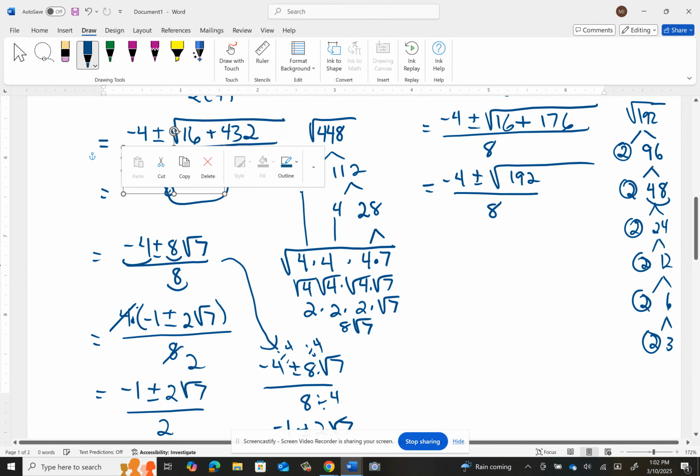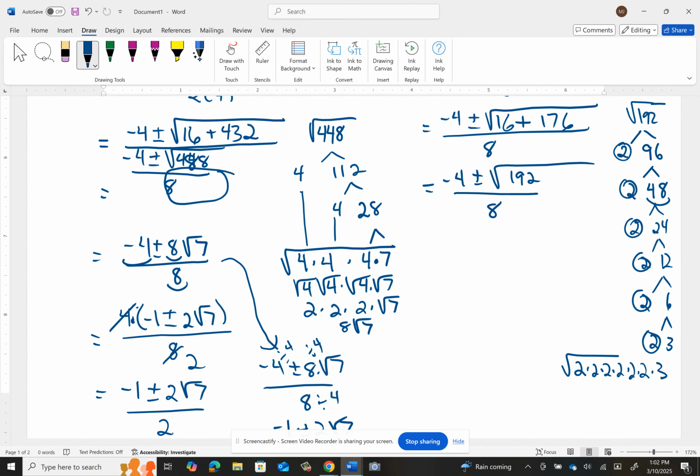Okay, so it's 6 2's and a 3, and we're trying to do the square root of that. So every 2 of them is going to be a perfect square, and when you do the square root of each of those, you're going to get a 2, and then the 3 would be trapped still underneath. So we get 8 square root of 3, plus or minus 8 square root of 3.